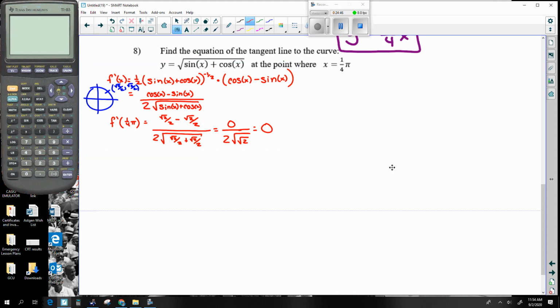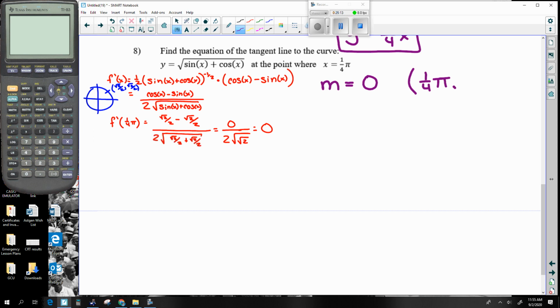Now we need to know what the point is, like what is the y coordinate? We need to find the equation of the tangent line to the curve at the point where that is. When creating an equation of a line, I need a slope and I need a point.